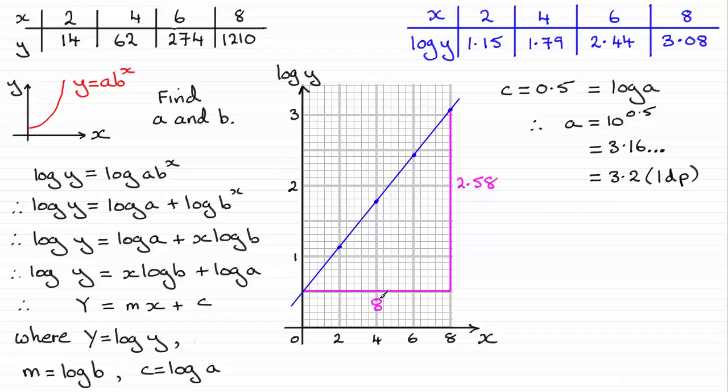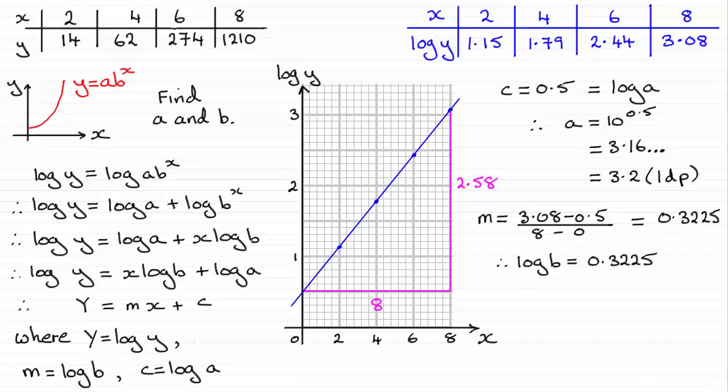Or I could do it in the usual way, and that is the difference in the y coordinates divided by the difference in the x coordinates. Either way, if I work that out, I get 0.3225. And that's our value for m, which corresponds to log b. So I've got log of b equals 0.3225.